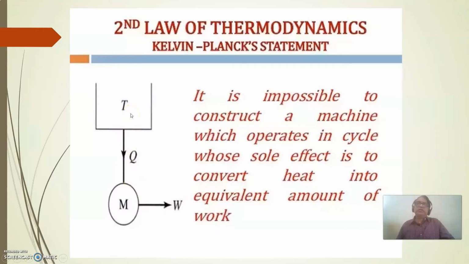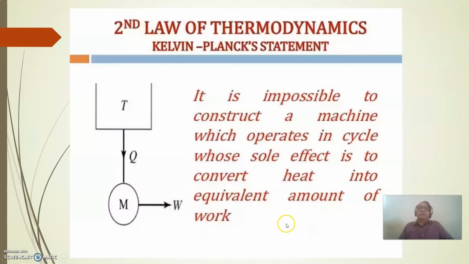There must be two reservoirs, one hot and the other cold, and then you can transfer work to the surroundings. This is called PMM1, a perpetual motion machine of the first kind. It is not possible to build a machine which operates in a cycle whose sole effect is to take heat from a single source and transform it into work.